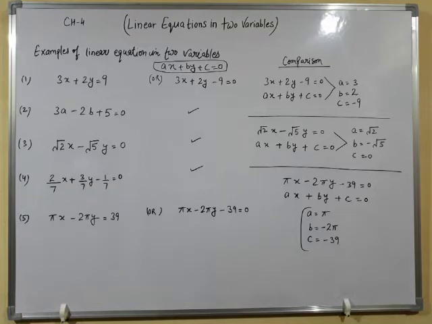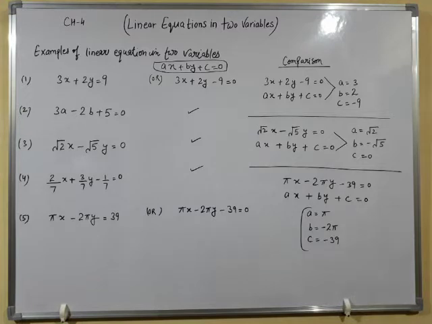Yes, all these are examples of linear equations in two variables, because in all these equations we have two variables x and y, and in the second equation we have two variables a and b, and the degree of these variables is also 1. That's why these are examples of linear equations in two variables.